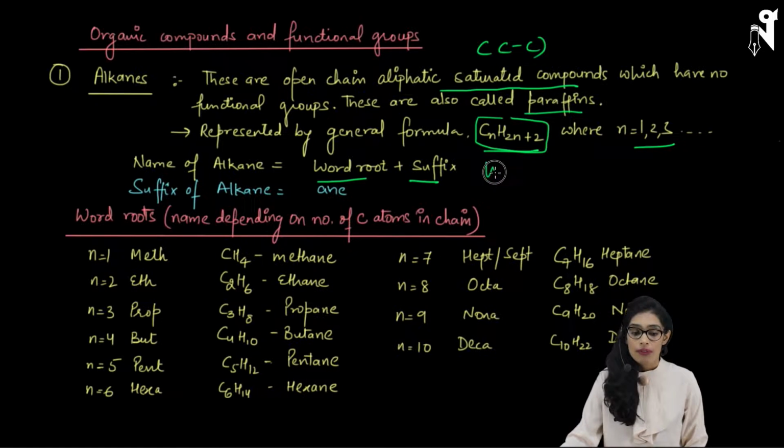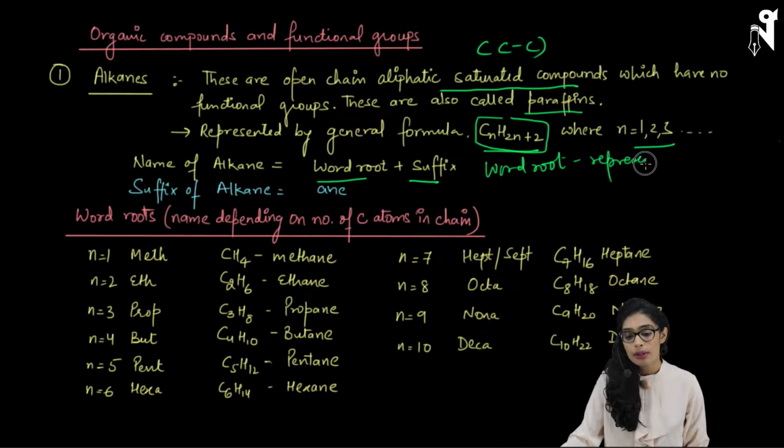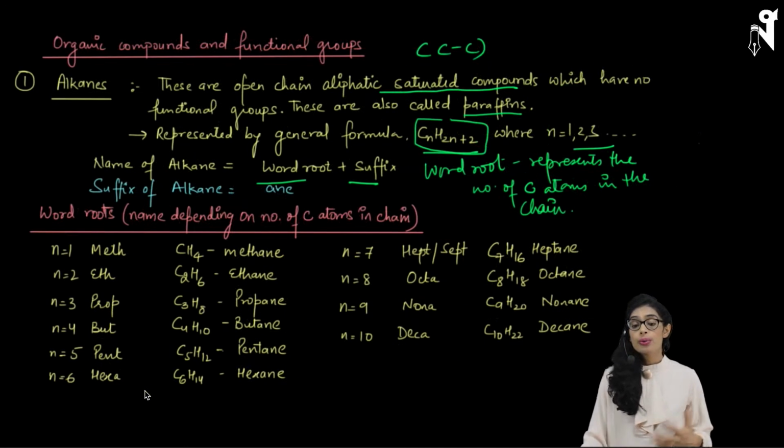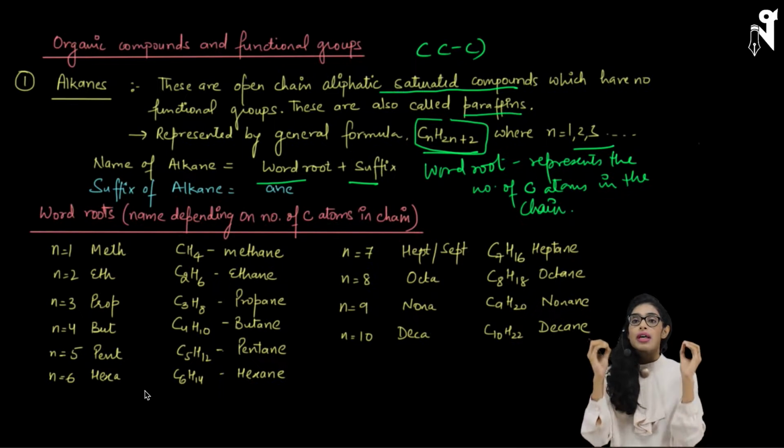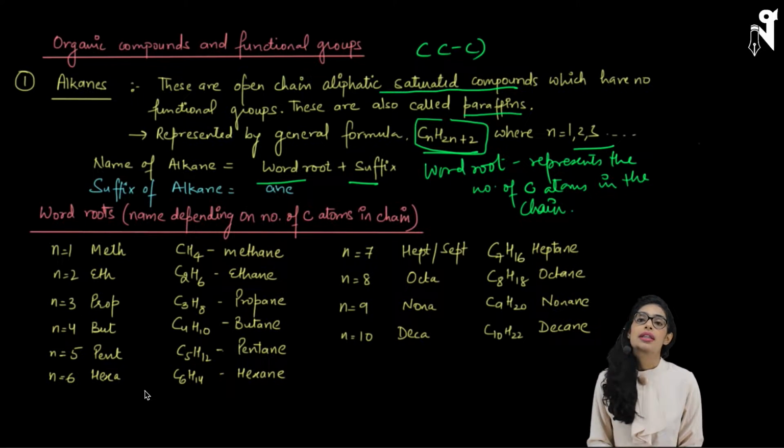The word root represents the number of carbon atoms present in the chain. So we count all the carbons which we have, and that helps us know the word root. The suffix represents what type of bonding exists in your molecule.